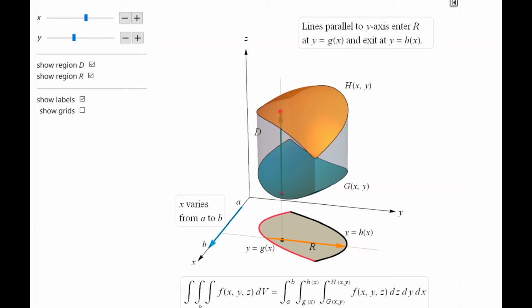Okay, so z is indeed bounded between two surfaces, and both of those surfaces are functions of x, y. They are not functions of x, z. They would fail the vertical line test if you drew a line perpendicular to the xz plane.